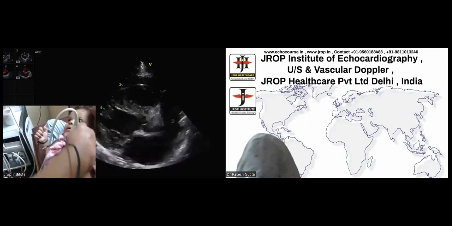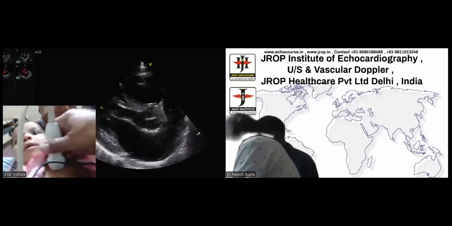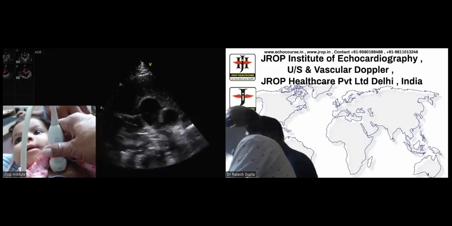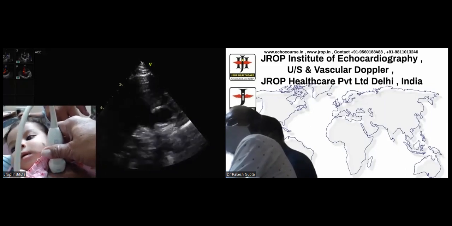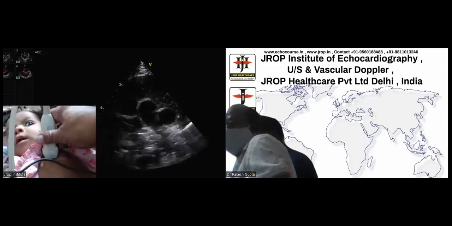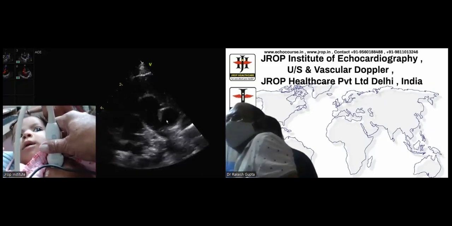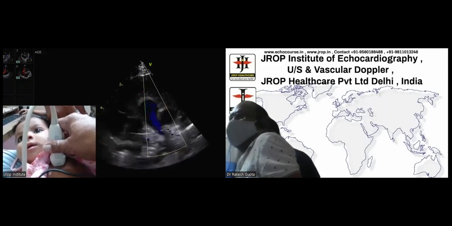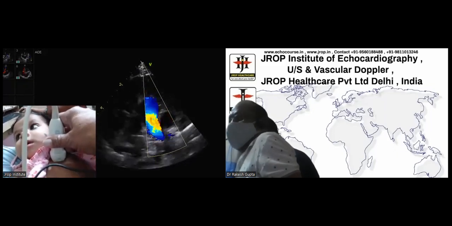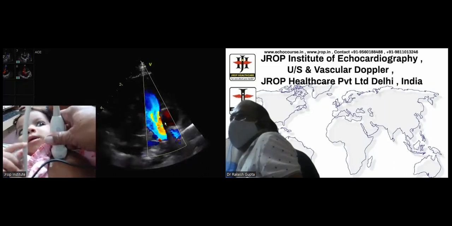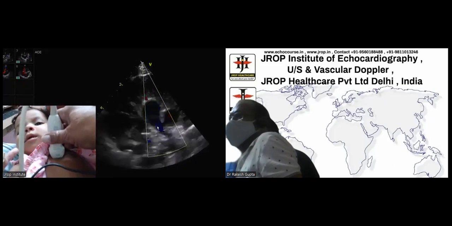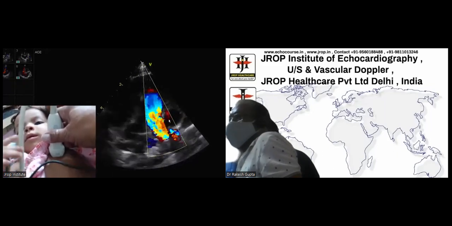If I move my intercostal space a little up, just going up one space, same place, look, I can see two structures. This is the descending aorta and this is the pulmonic artery. Switch on the colors. If you can see some flow from this point to this point, this is known as the ductus arteriosus. This is the pulmonic artery, this is the left descending aorta.